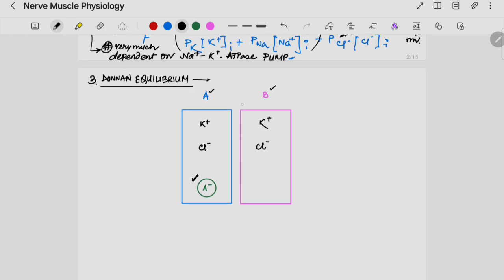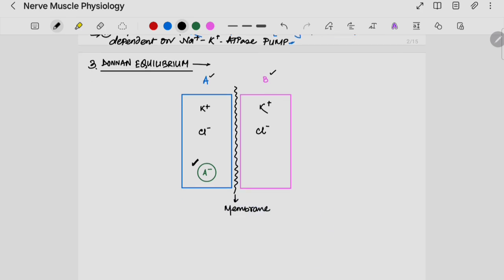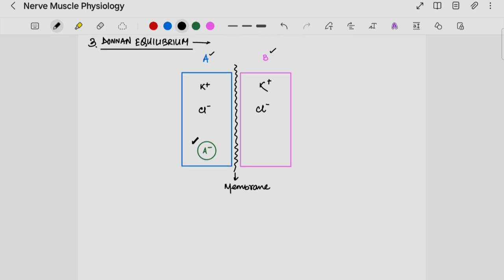There is a membrane in between them, a semi-selective membrane. Some ions are permeable through this membrane and some are not, right? Here potassium and chloride are permeable, but anion A is not permeable through the membrane.